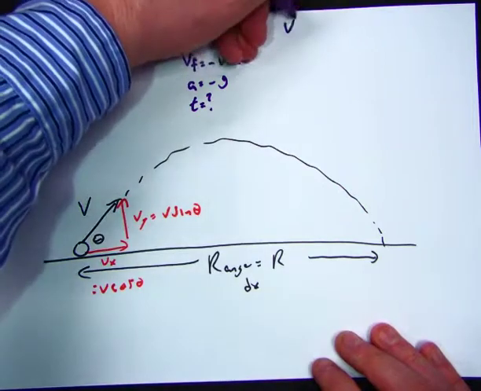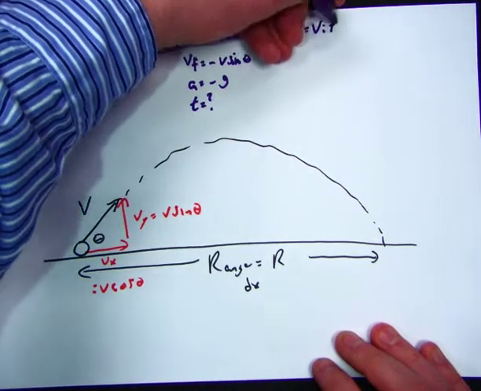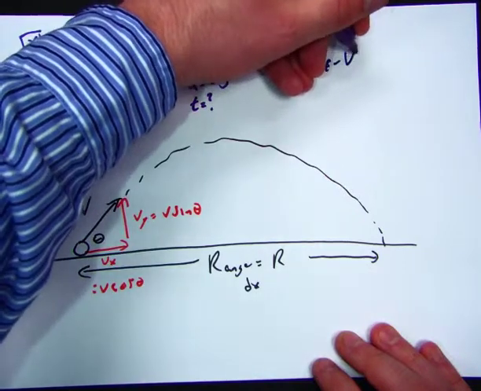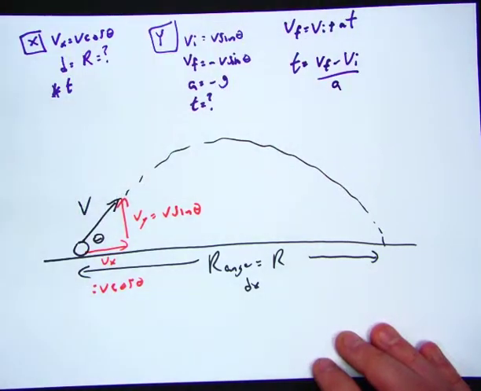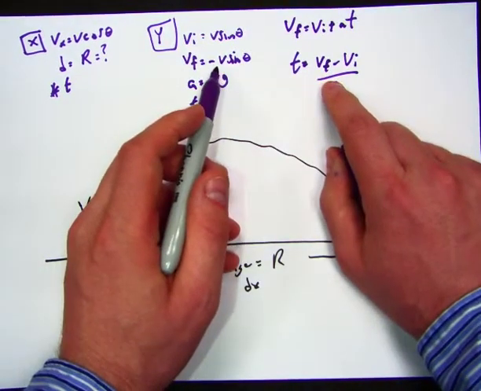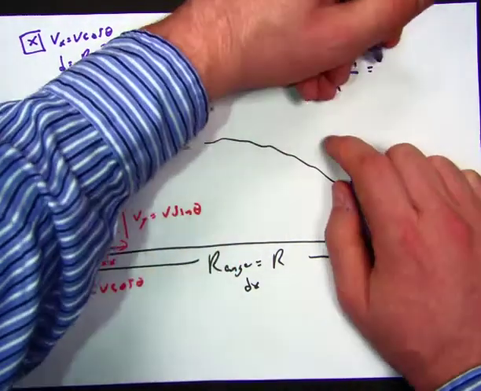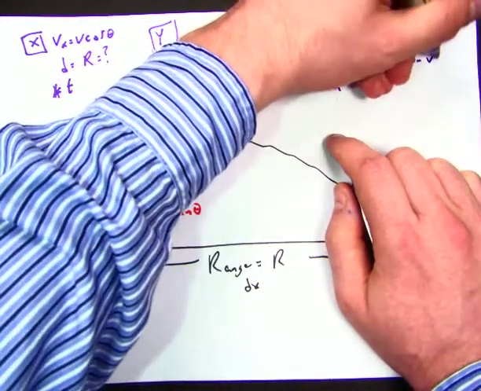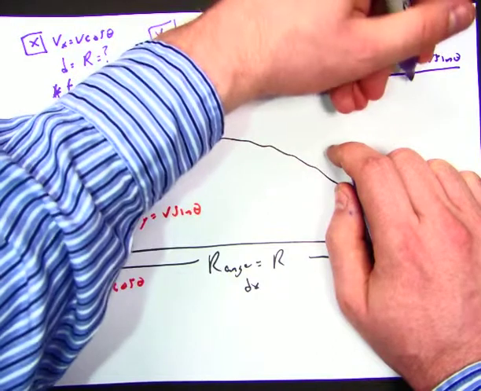And so then I'm looking for time. I can jump to this equation that says Vf equals Vi plus At and solve for time. I'm going to get time equals Vf minus Vi divided by A. Looking at this, I'm going to get negative V sine theta minus V sine theta all divided by negative g.